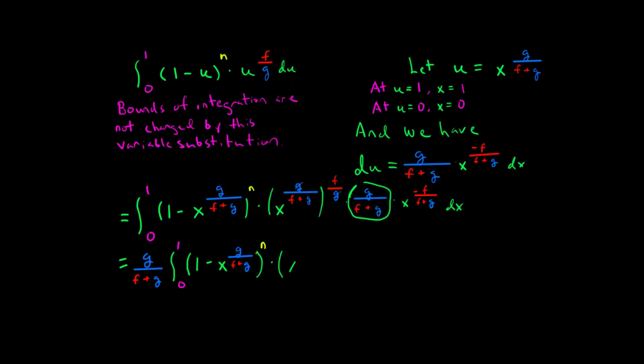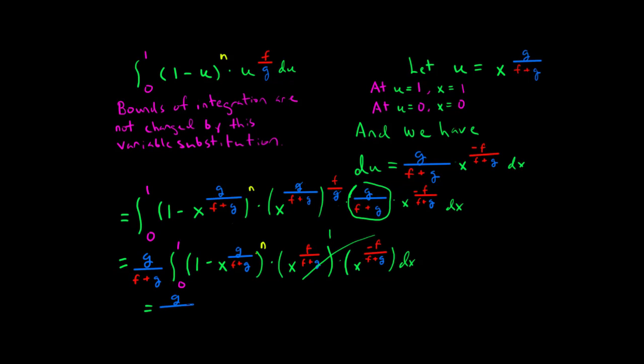And for the next term, I have x raised to some power raised to another power, so I can multiply my exponents. The g's cancel, and I get x to the f over f plus g. And then at the end here, I get x to the negative f over f plus g dx. Well, those two last terms, x to the f over f plus g and x to the negative f over f plus g, will just multiply out to x to the 0, which equals 1.